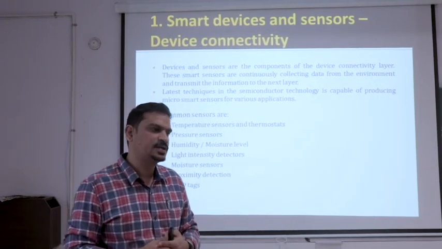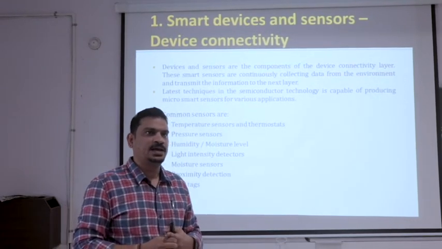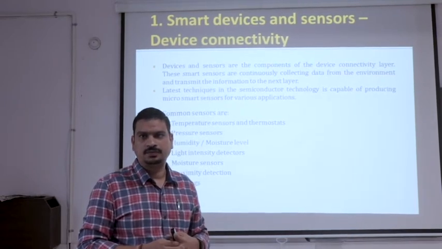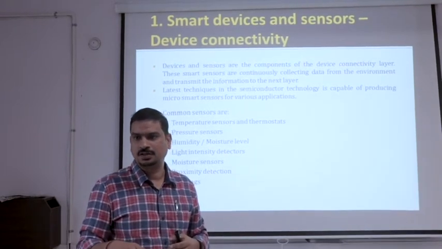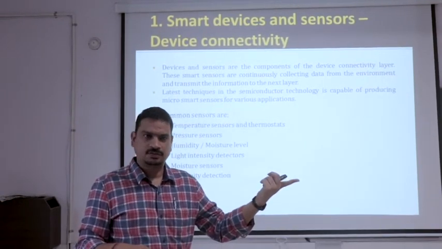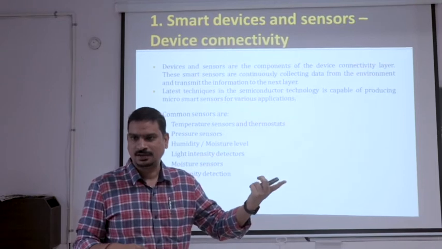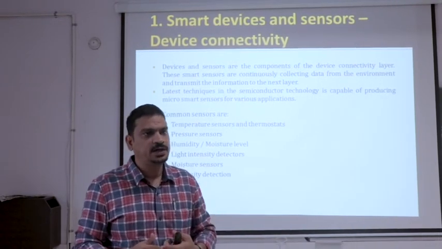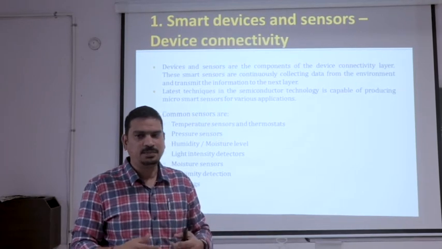Let's say I want to communicate from one node in Bhubaneswar to another node in some other place in the country, let's say in Delhi. Do you think that only one media will do that? There are many media that will come.